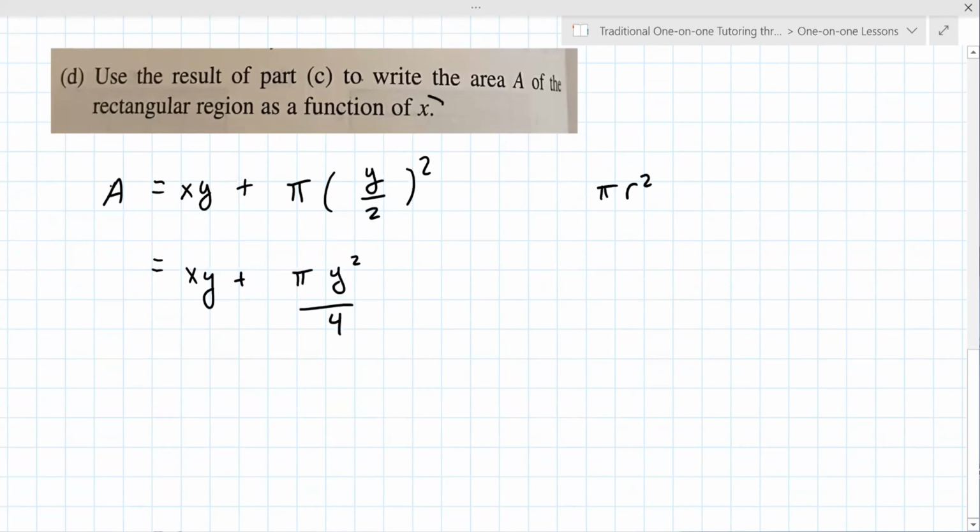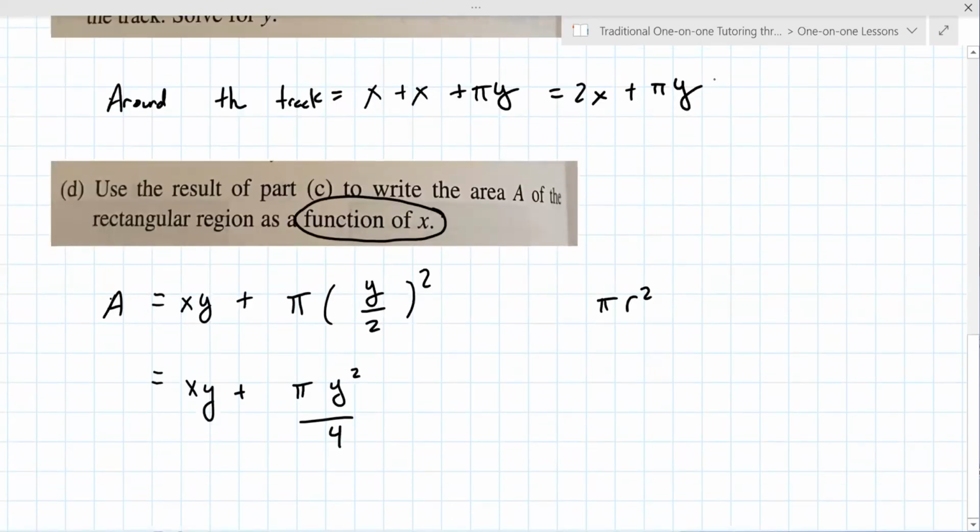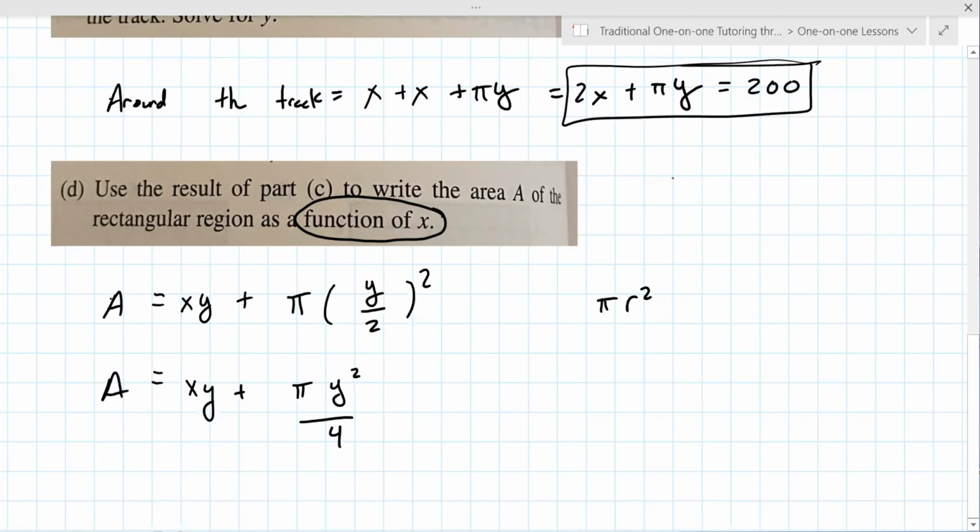Now, importantly, it says here it's only a function of x. That's why you did this part previously. So around the track they said was 200 right here. We're going to take this equation, bring it down here, and you either solve for x or y, depending on the question. Because they want it only in terms of x, you're going to solve it for y, because then it'll only have a y in it.